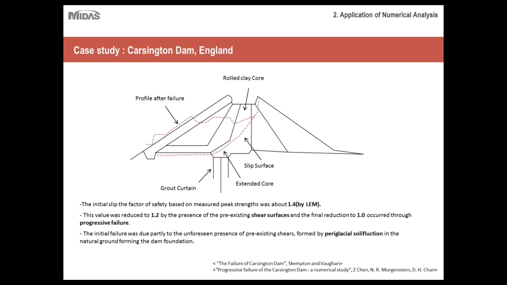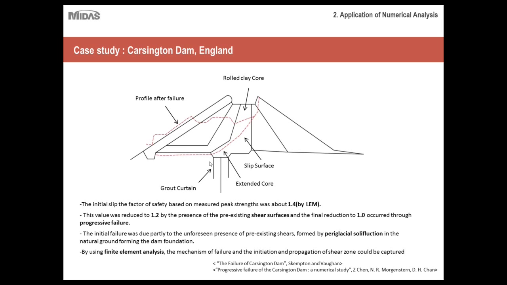Then as engineers were studying why this dam failed, and once they discovered periglacial solifluction was a major factor, they realized that by using finite element analysis, the mechanism of failure could have been accounted for. Something very unique about finite element modeling is that you can take shear stresses due to pore water pressure, or for example periglacial solifluction in this case, into account.